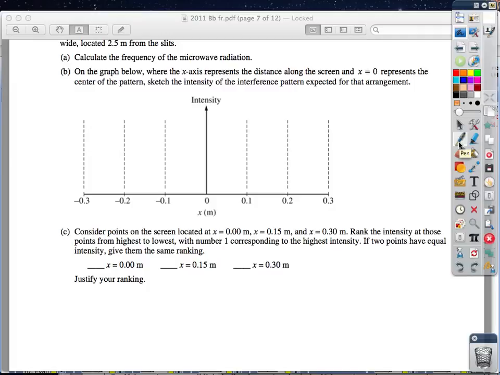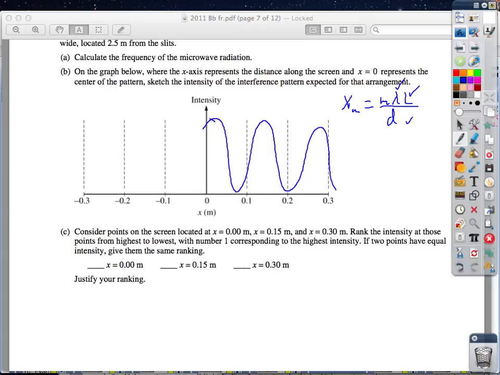So you have to use x_m equals m lambda L over D, right? We know lambda, we know L, we know D. So you just plug everything in, you're going to get some x_m, and then you're going to do something like this. Something like that. It's the same thing on both sides.